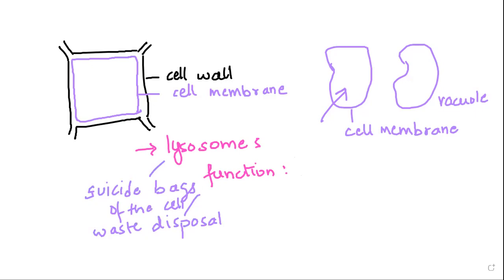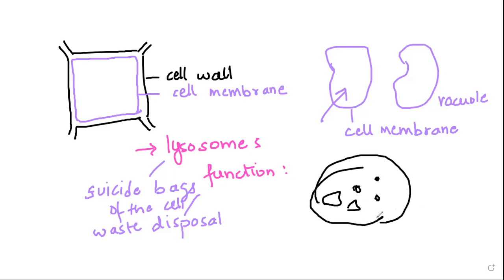Ma'am, they break down the waste materials which are in the cell. Yes, Aryan, correct. They carry out waste. Sujal, carry out would not be the right term. Whenever they encounter waste products or harmful products in the cell, they burst open, and they just take over the whole thing and kill it with themselves. You might have heard the term suicide bombers, right?